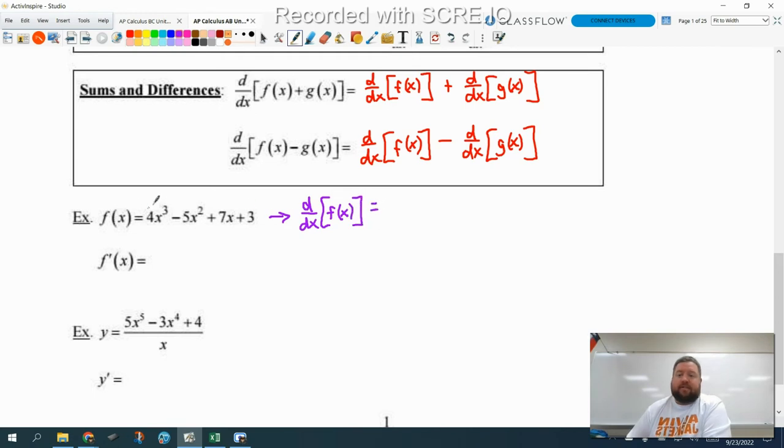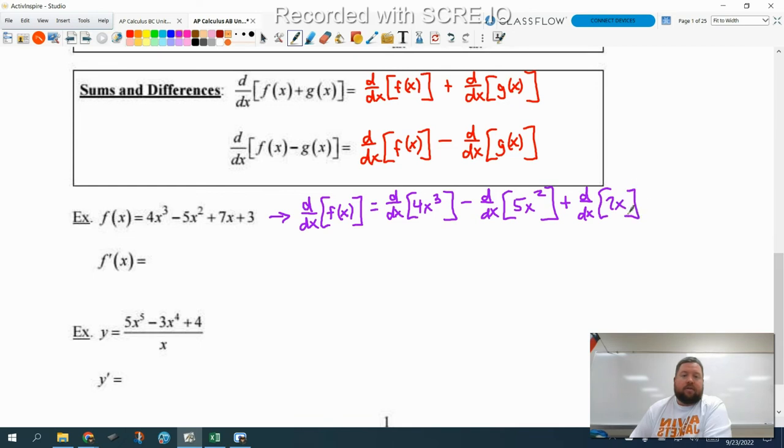All right, and f of x has 4 terms. So what that would be is we would do the derivative of the first term, 4x cubed, minus the derivative of the second term, 5x squared, plus the derivative of the third term, 7x, plus the derivative of the fourth term, 3.